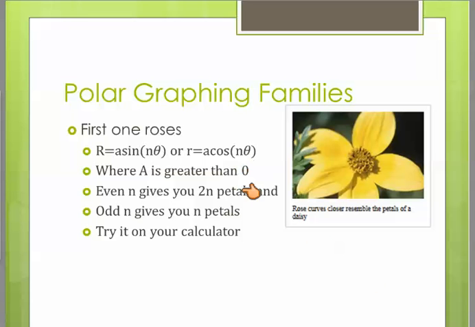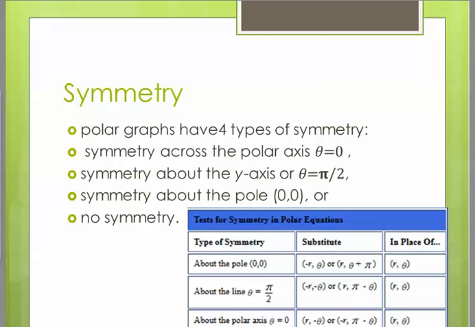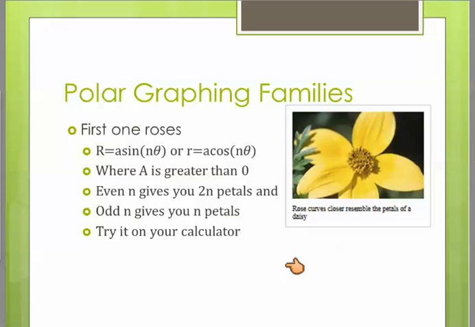Roses with an even number n of petals are symmetrical across the polar axis.